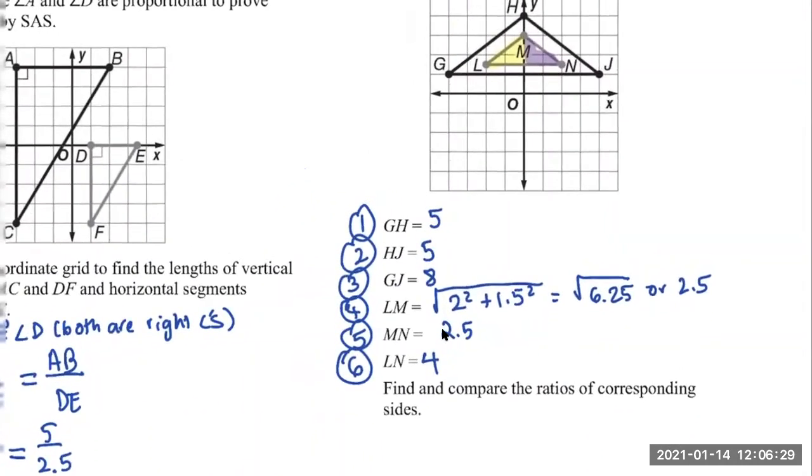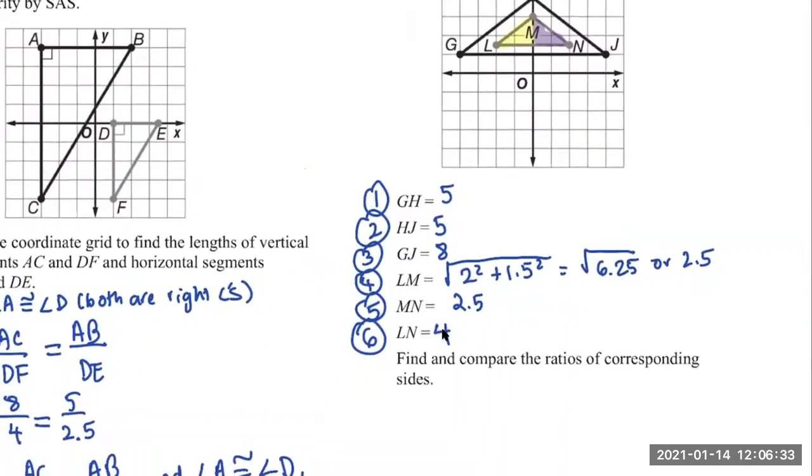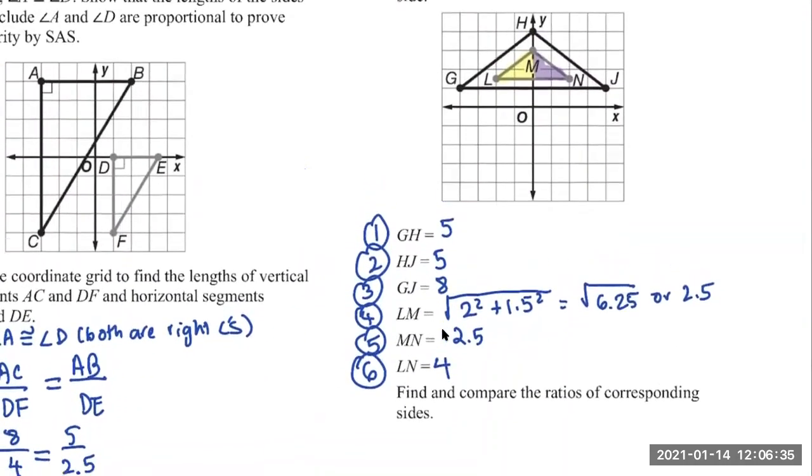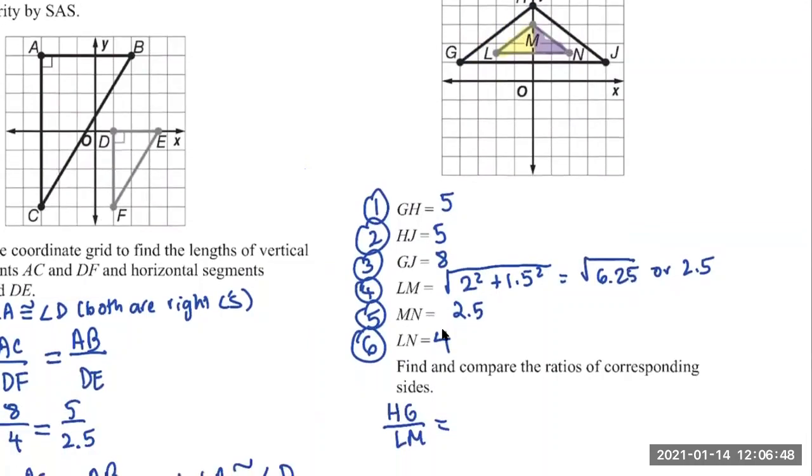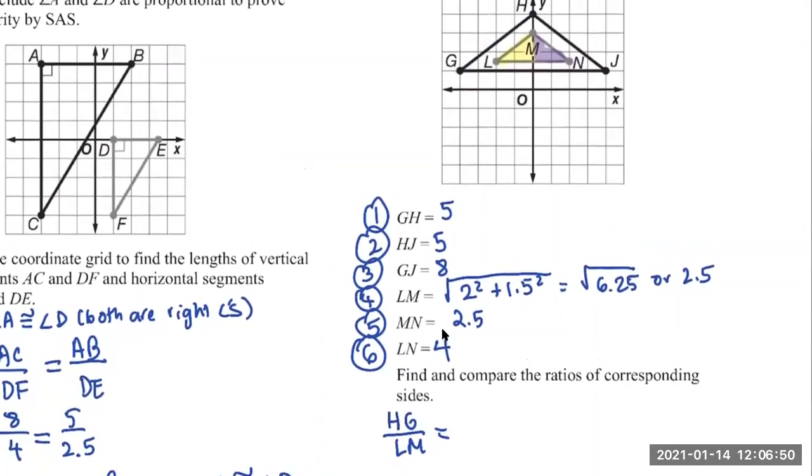Okay, so that just all establishes that you guys have the lengths. Once you have the lengths, I would just make sure to match up the corresponding sides. So for example, if I look at HG, that matches up with LM. And I just want to make sure and establish that all of the ratios are the same. So I'm going to say, okay, what is HG equal to compared to LM?